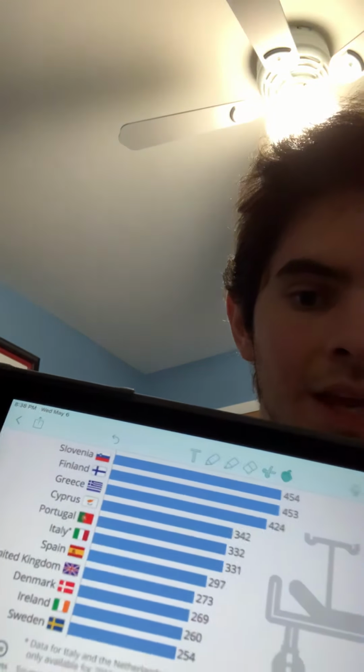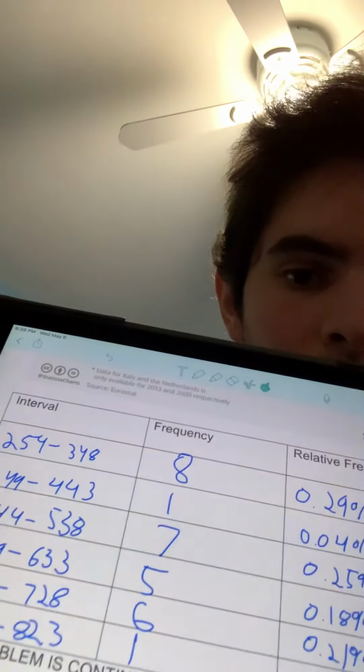In this case, between 254 and 348, there's 8 different numbers. So you're going to put 8, and the same will go for the 349 to 443, and etc. If you did that correctly and didn't miscalculate, you're going to get 8, 1, 7, 5, 6, 1.